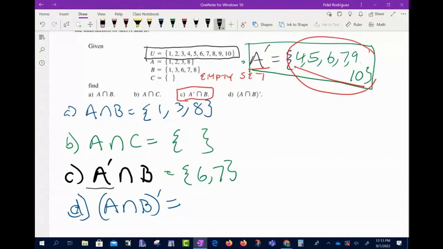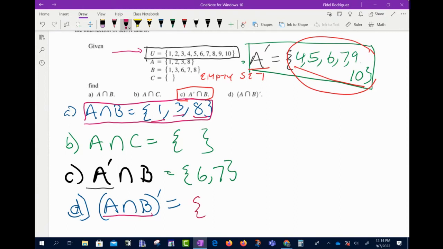Okay, now, just like we would do in a regular math problem, we do what's on the inside of the parentheses first. Here's the inside of my parentheses. It's A intersection B. But we did A intersection B. We did that in part A. So what we want to do, since we're going to find the complement, we want to pick all the numbers that are in my universal set except for the numbers 1, 3, and 8.